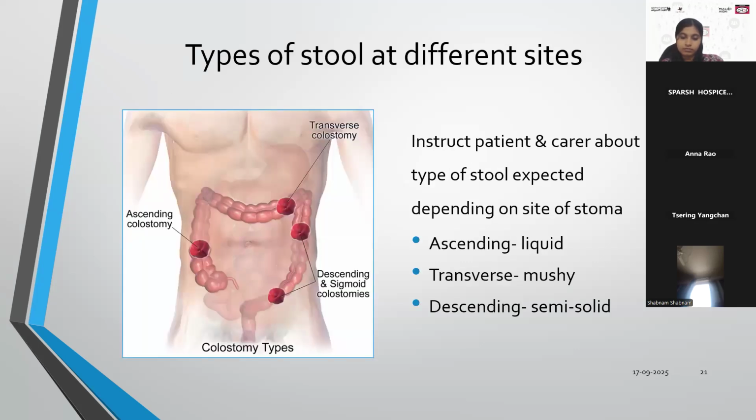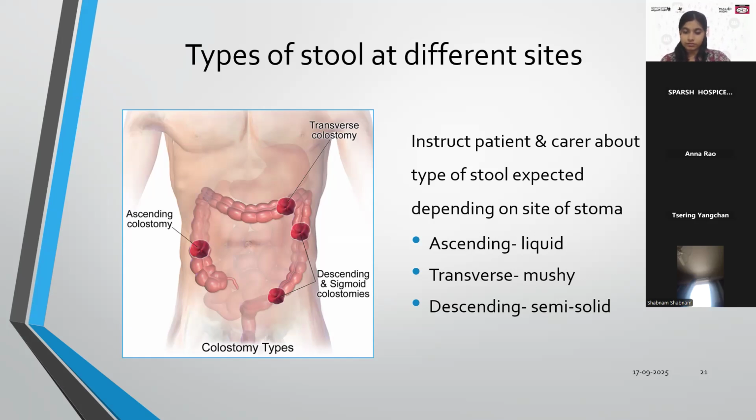So this shows what kind of stools will appear at different sites. Similar health education should be given to the patient and its relatives also. If the stoma is created in the ascending colon, then the stool will appear liquid in nature. If it is in the transverse colon, it will appear mushy in nature.